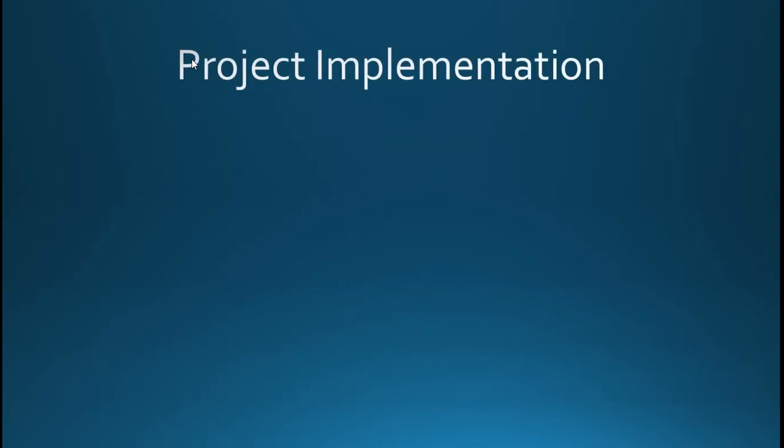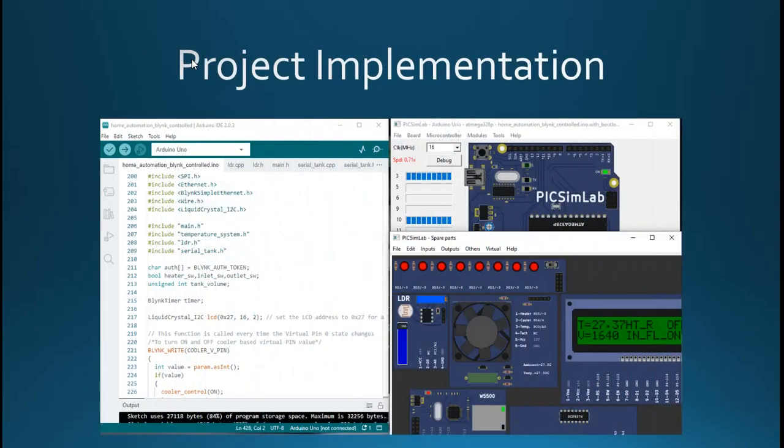Project implementation. As you can clearly see, the left side represents the Arduino sketch IDE, which consists of the code. The top right contains the PICSimLab simulator, and the bottom contains the spare parts.